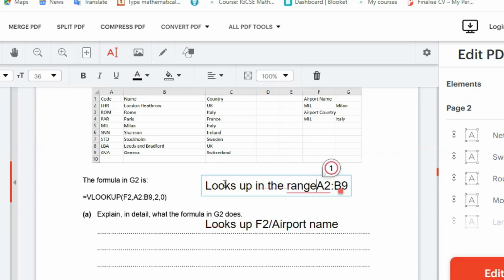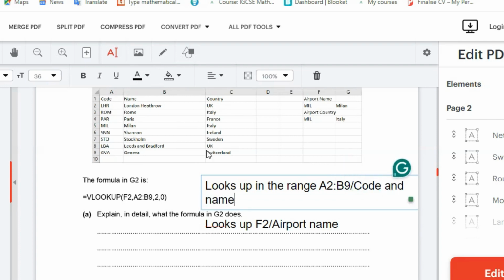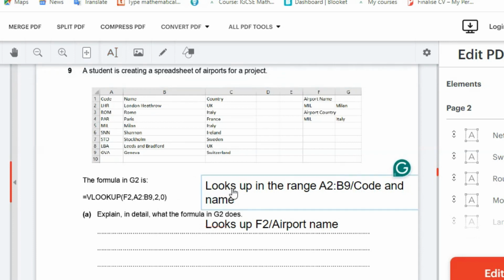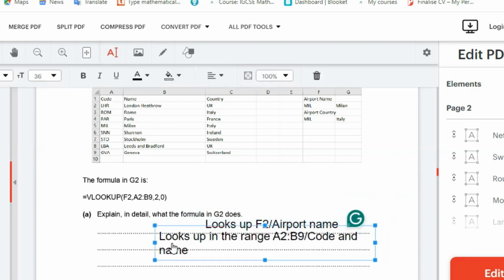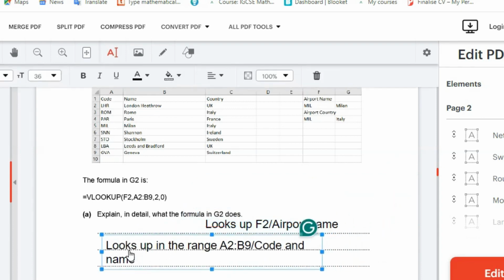That means you are to look up in the range of A2 to B9. This is A2 and this is B9. So it's telling us code and name. Do we understand now? Yes, so that is how you look at it, one after the other. That's the explanation.